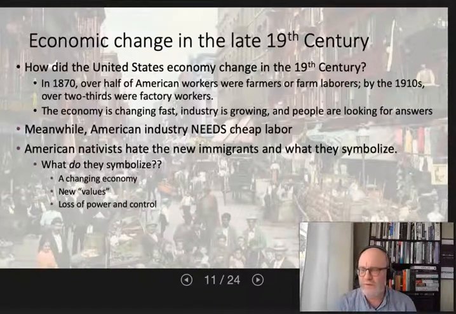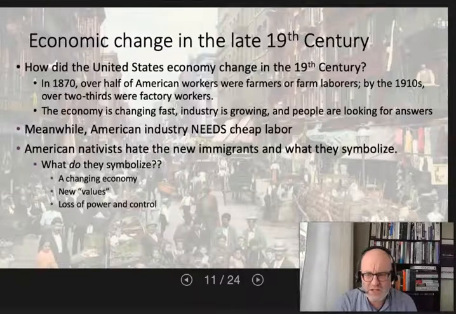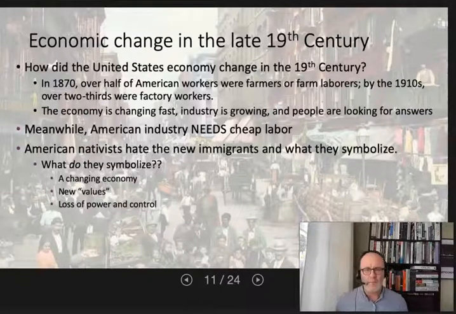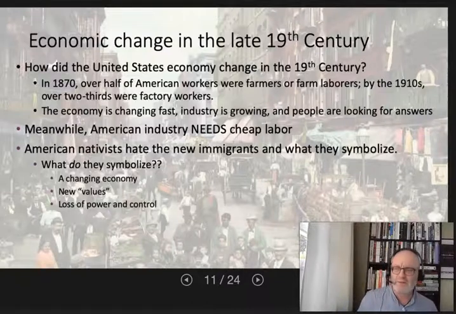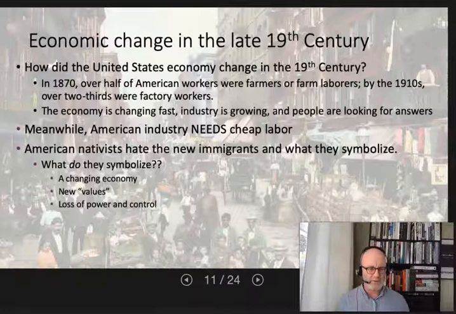And what is the most visible thing that you associate with this change? It's the immigrant, right? The newly arrived immigrant. They symbolize this changing economy, this changing demographic structure, all of this stuff. So again, I'm not trying to sympathize with the nativists, but you have to understand why people think what they think.